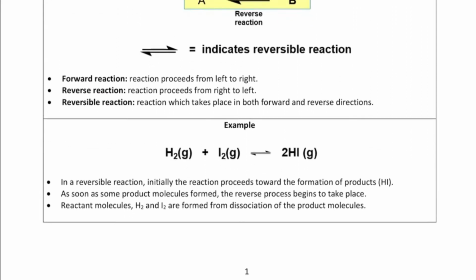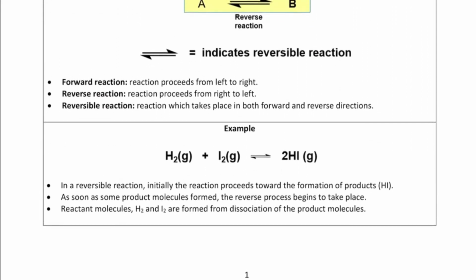So macam biasa, saya akan bagi satu example yang real one. So this one, hydrogen gas plus iodine gas, reversible equation, and then produce HI gas. In a reversible reaction, initially the reaction proceed toward the formation of product. Okay, macam saya cakap lah, first H2 and I2 will react and it will produce HI.